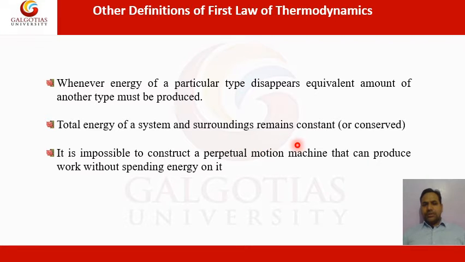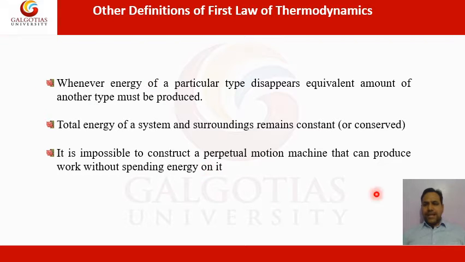Another definition is that it is impossible to construct a perpetual motion machine that can produce work without spending energy on it. So these are the different definitions of the first law of thermodynamics.